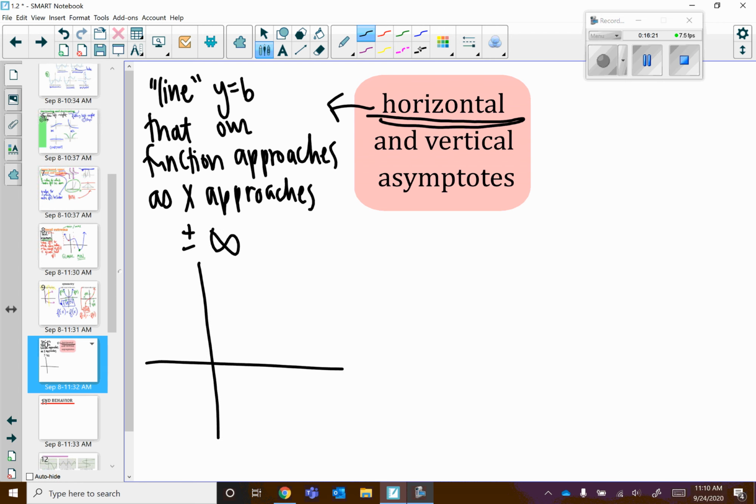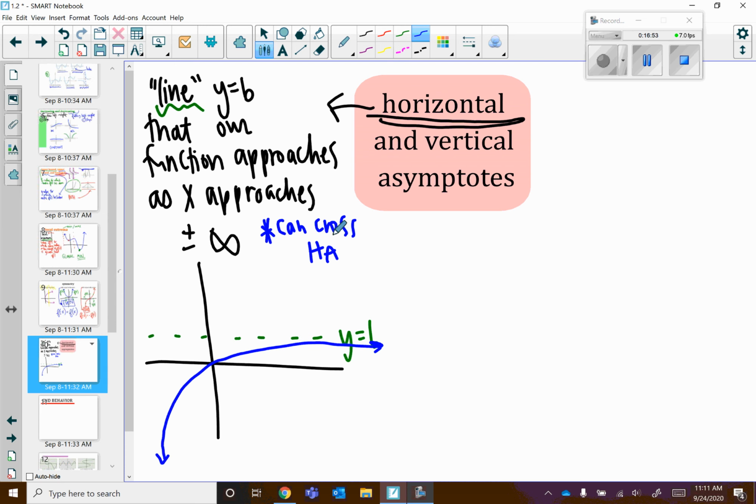So I'll draw a quick picture. Let's say here is our asymptote, again, y equals b. I say line because it doesn't actually exist. And maybe our function looks something like this, where it comes close to that and will continue getting close to that value. Something that our function approaches, the y values are getting close to this as x gets close to positive infinity. Note, you can cross a horizontal asymptote.